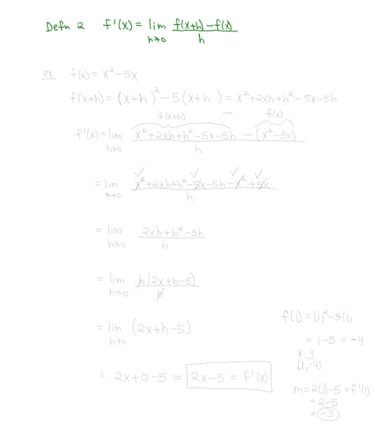And the example that we're going to look at to illustrate how this definition works is a parabola, and the equation for this parabola will be f of x equals x squared minus 5x.